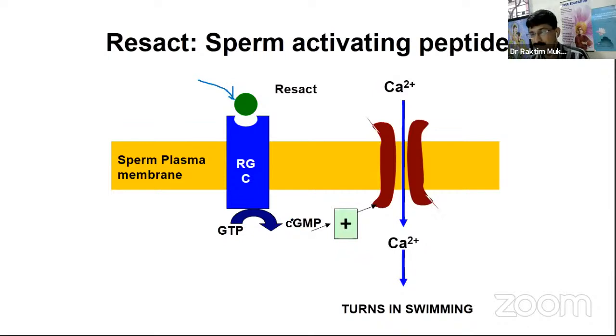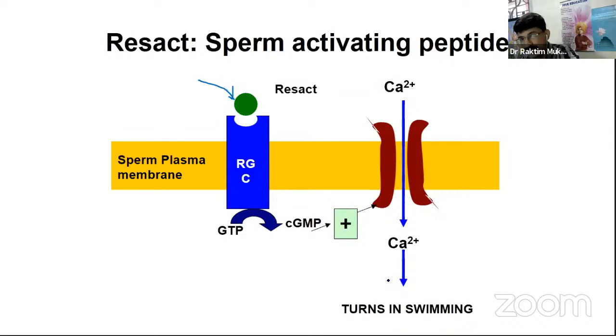Once GTP is converted to cyclic GMP, it will lead to the opening of the calcium channel. The moment the calcium channel opens and there is influx of calcium, the sperms which were non-motile would turn swimming, or start to beat their cilia and flagella. That's the role of resact.